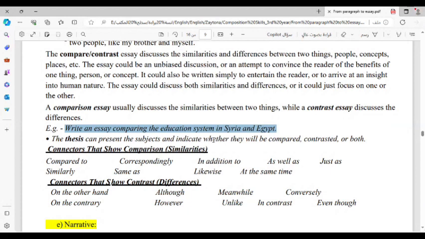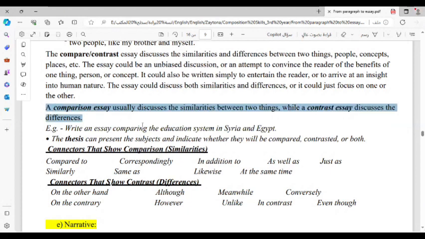Okay, so did we say that comparing means similarities? Please don't be confused between similarities and differences. When we want to talk about both of them, similarities and differences, I will ask you to compare and contrast. When I say just comparing, it means just to talk about similarities.